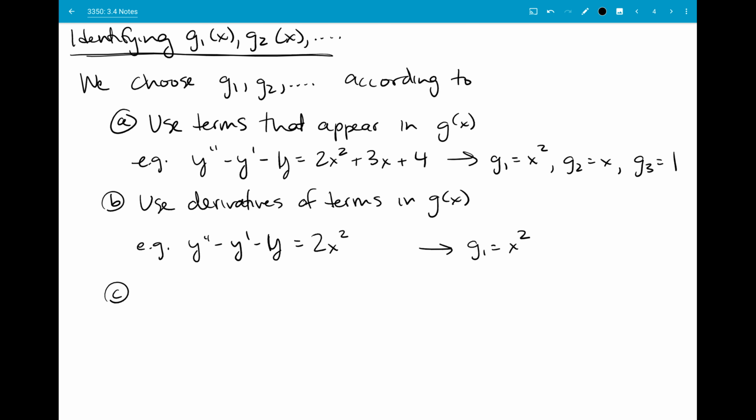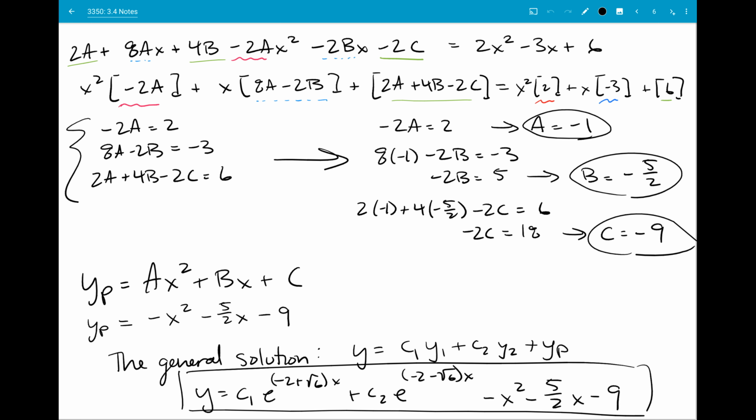But we're still going to say that G2 could be x and G3 could be 1. The G2 equal x, G3 equal 1 come from the idea that anything we see in our G of x, we should also include all of its possible derivatives. If you forget to do this, you won't cover all the potential solutions and your y sub p might be incomplete. So we're going to do an example that shows this.